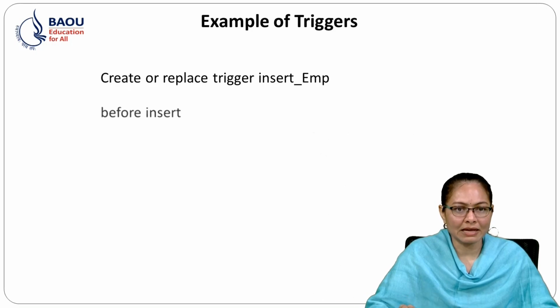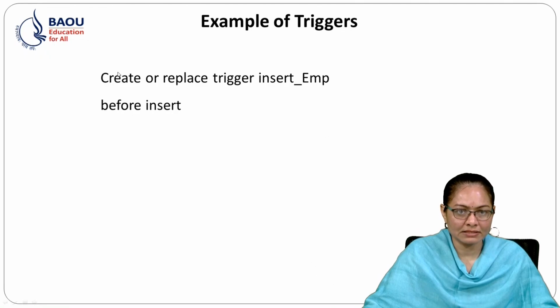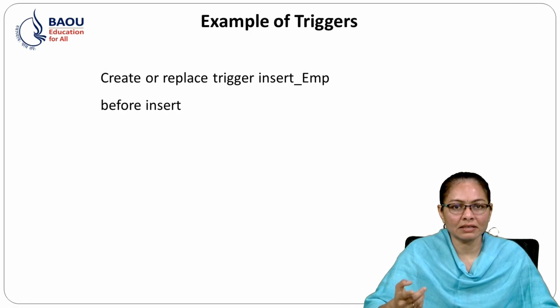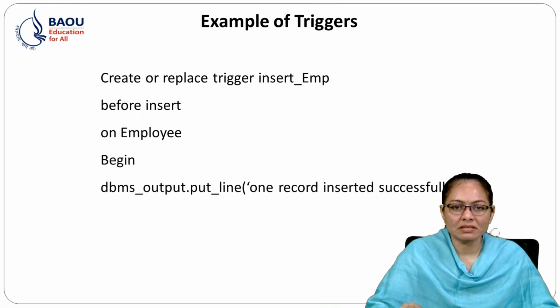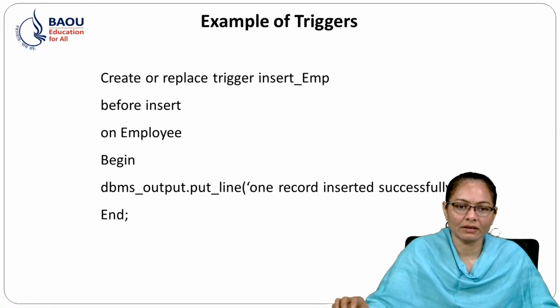See, in the example, before insert, this trigger is fired when we insert the data into the employee table. Now begin. In this, DBMS underscore output dot put underscore line, one record inserted successfully. Now the end of this trigger.